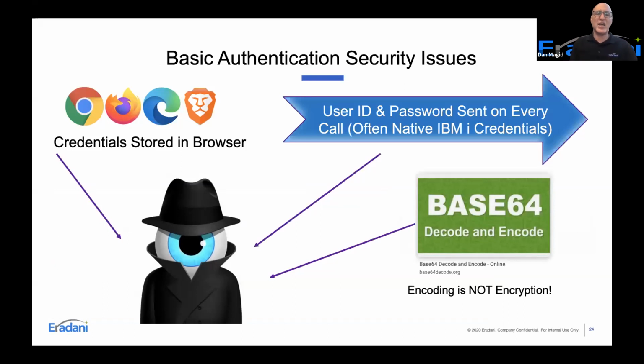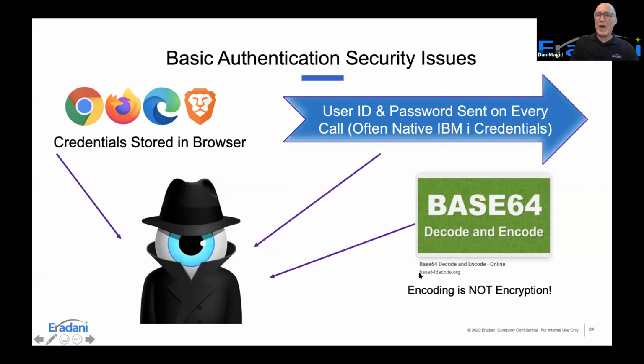With basic authentication, your credentials are often stored in the browser, which means they can be discovered. You're sending your user ID and password on every API call, which means that they can be discovered. And often those are native IBM credentials that somebody might be able to discover. And base 64 encoding is not encryption. It can be decoded. In fact, I pulled this down from the web.